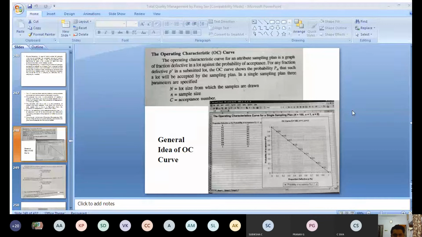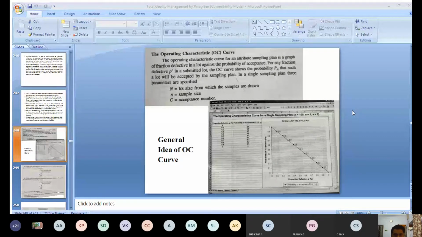Okay, so if we know the proportion defective of the lot, or the expected proportion defective of the lot, that will be already given. You know what the proportion defective in the lot is, so you can find out the probability of acceptance of the lot.